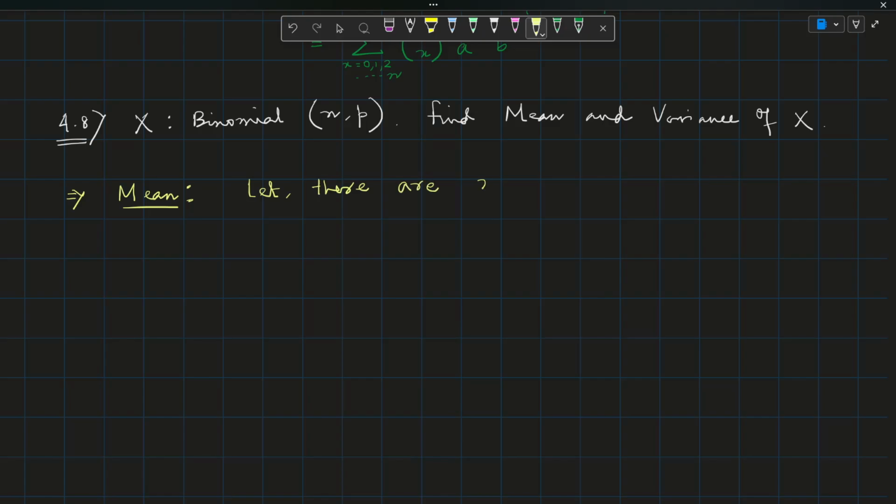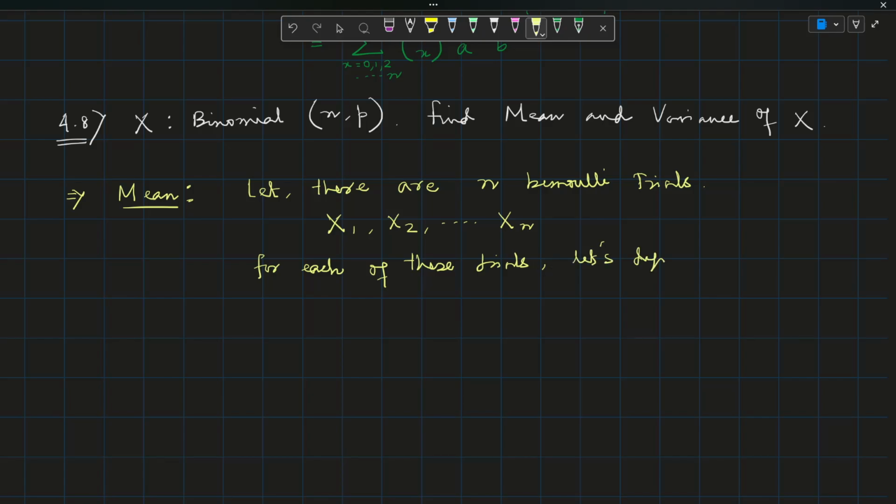Let us assume that there are n Bernoulli trials denoted as X1, X2 up to Xn, and for each of these trials, let's define the value of Xj as 0 if the jth trial is a failure, and 1 if the jth trial is a success.